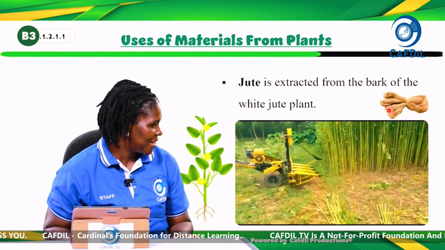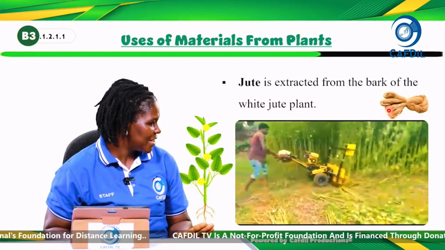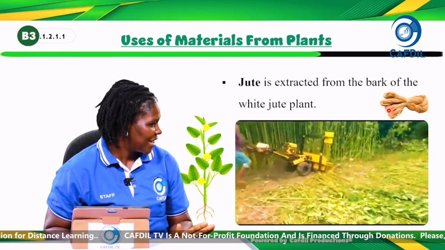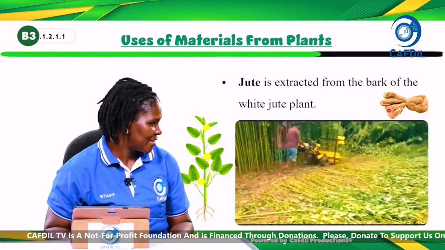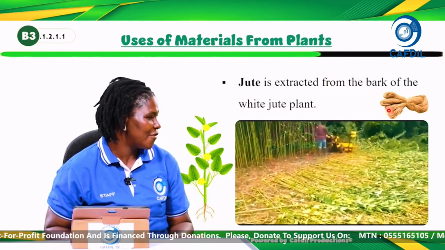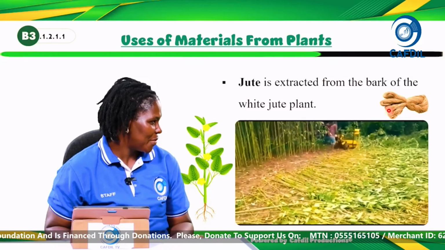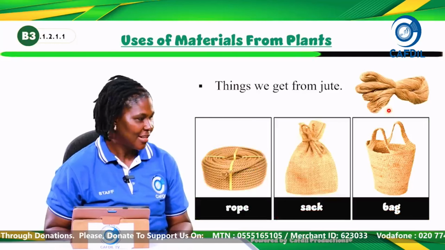This is the jute plant, the bark. From here, they put it in water. Then they remove the bark from it. And then they will dry it and send it to the factory to prepare the jute bag, the jute sack.